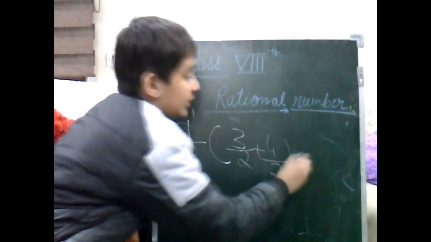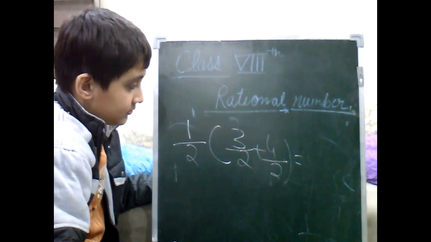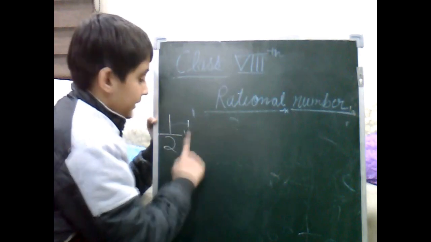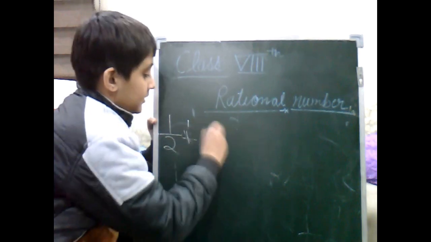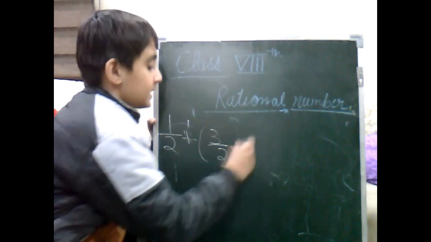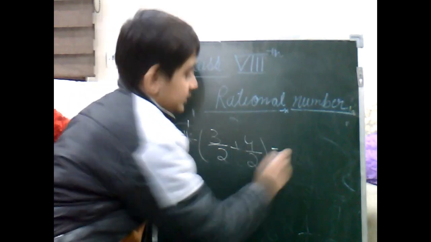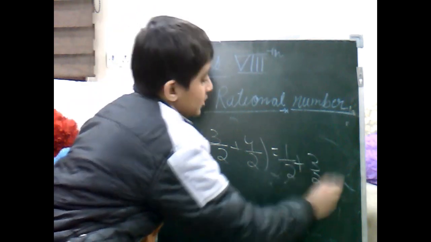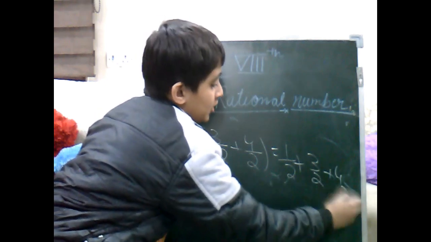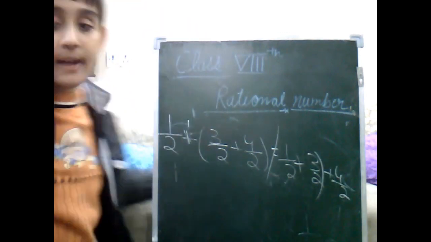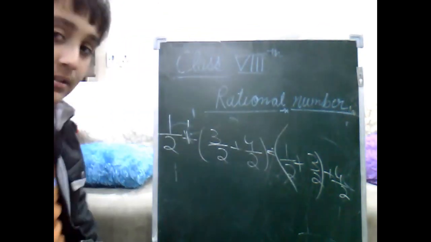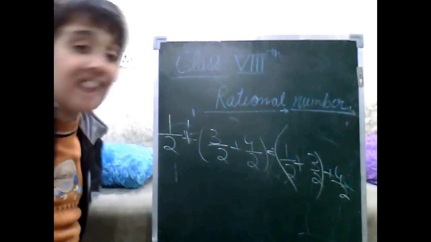So let's start. It should be equal to 1 upon 2 plus 3 upon 2 plus 4 upon 2, with this in the bracket. Right? Yes? So let's solve it.